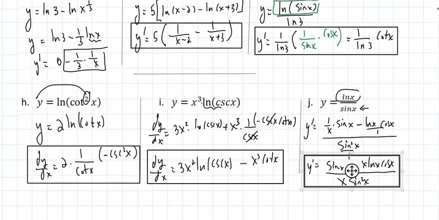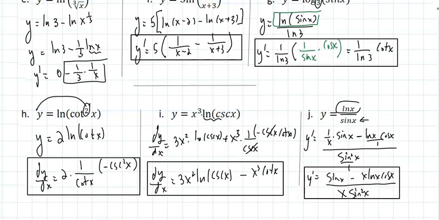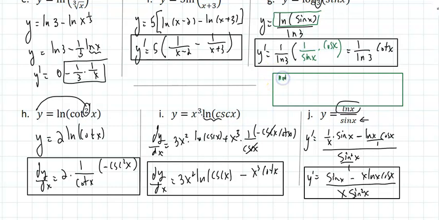That's all there is. The warning I want to give you, a note. If you have natural log of x squared, that does not equal twice natural log of x.